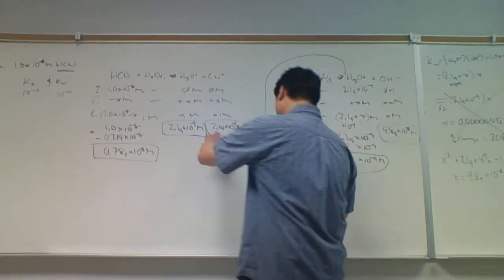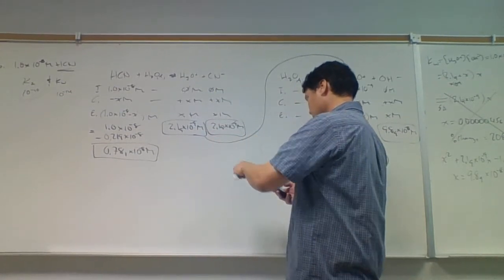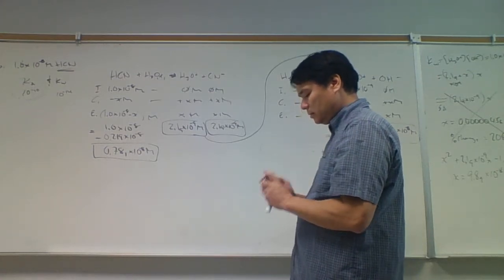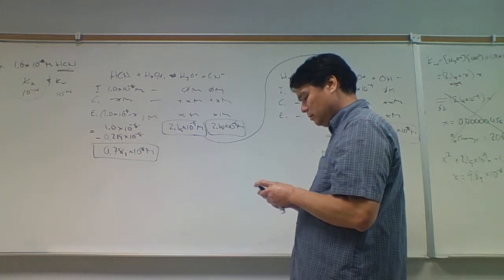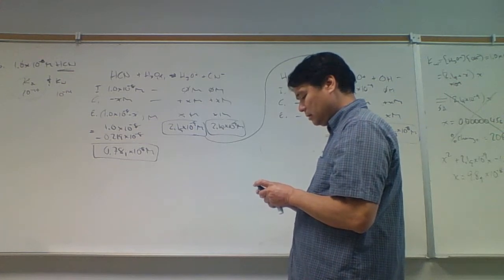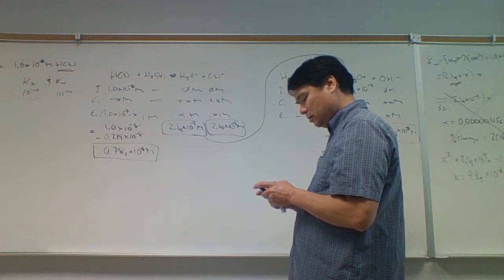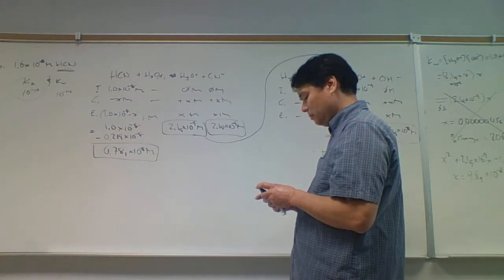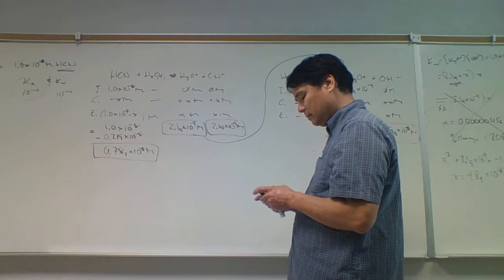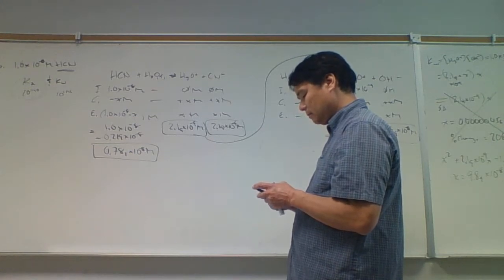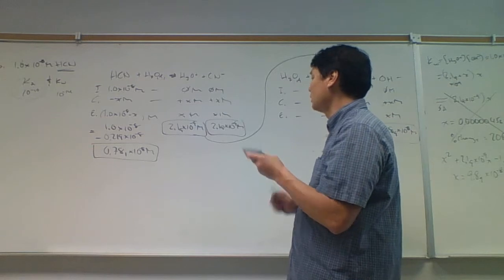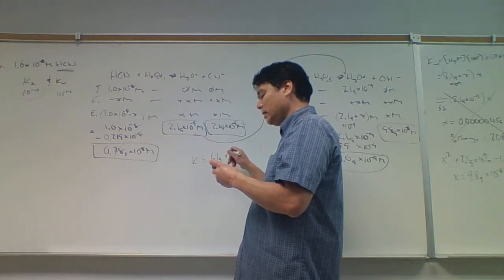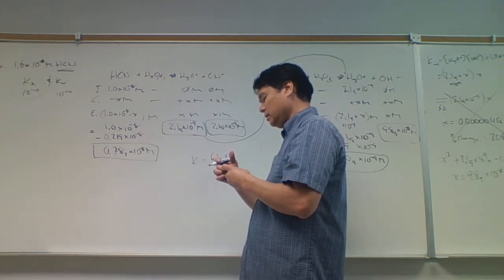So, step 1, 2.19 times 10 to the minus 9 squared, divided by 0.781 times 10 to the minus 8. I get 6.14 times 10 to the minus 10.